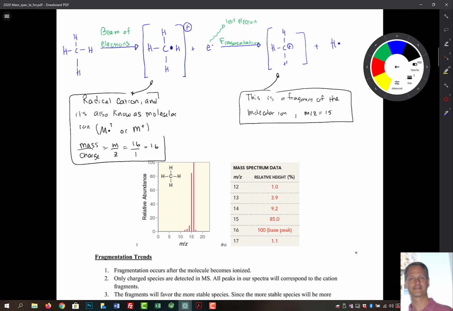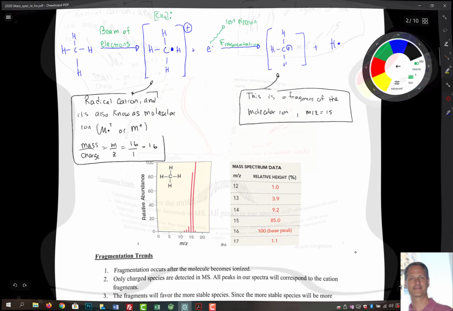Again, what we get here is our molecular ion. Sometimes we might write that as CH4 bracket dot plus. We just wrote the Lewis structure there to be more clear. And then we get a further fragmentation into a full cation there.